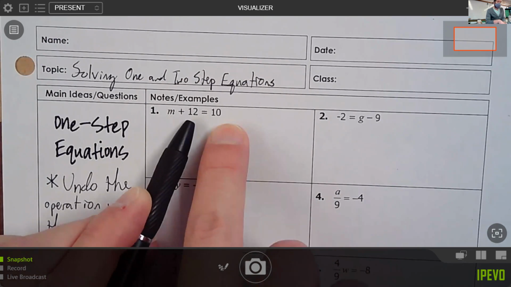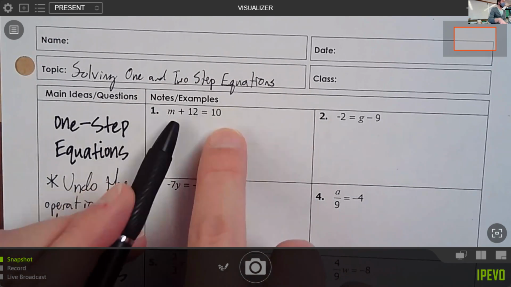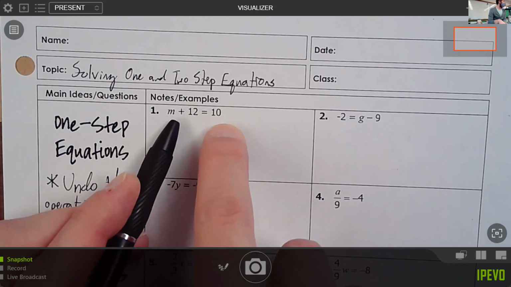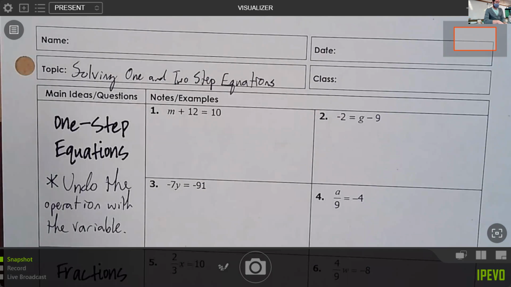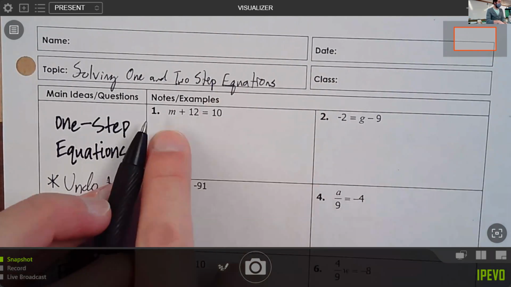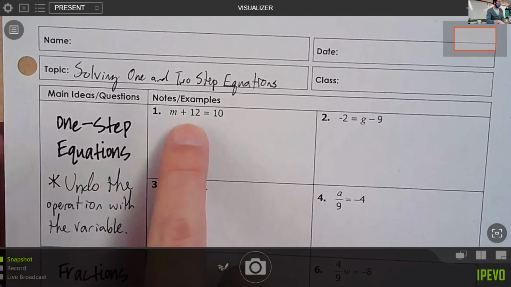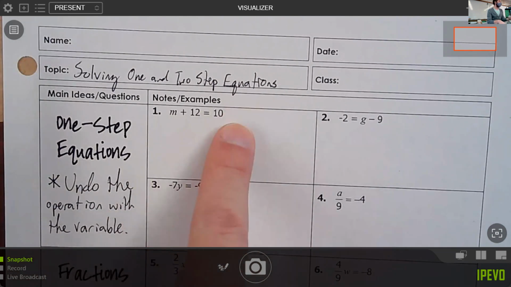And so if we have these two things on each side that are the same as each other, if we do something to, I'm going to call this the left side of the equation, that would be m plus 12. If we do something to the left side of the equation over here with the m plus 12, what would we have to do on the right-hand side to keep it equal? Anybody know? The same thing, yeah.